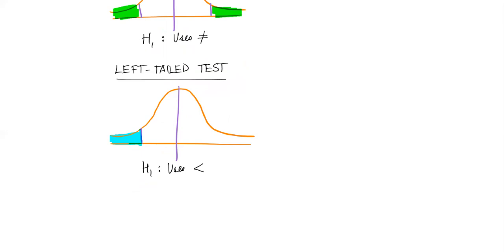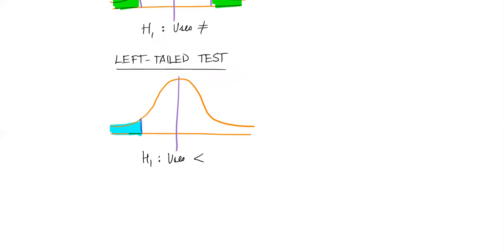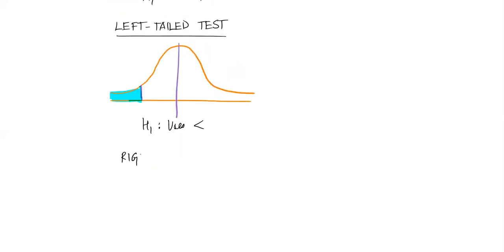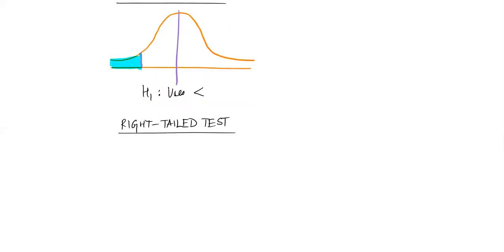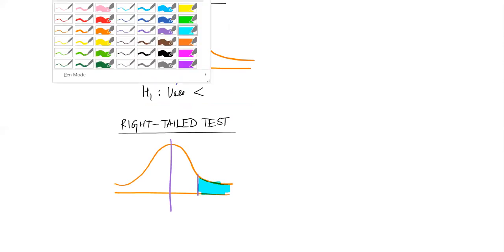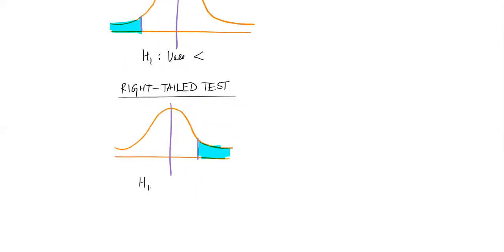Less than, left, right? Easy to remember. Then lastly, the right-tailed test is when you shade it on the right end. And so H1 uses greater than. Greater than is bigger, so it's on the right.